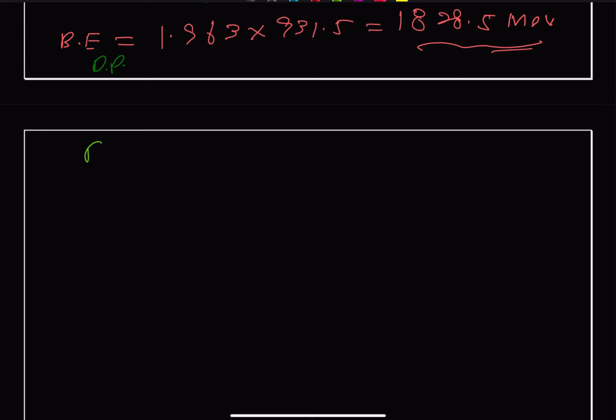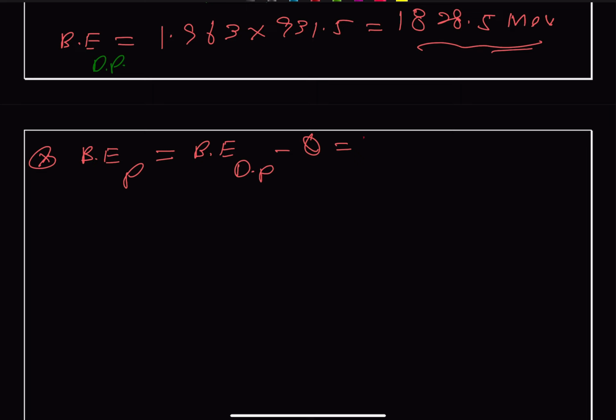So the binding energy for the parent will be equal to the binding energy for our daughter product minus the energy released.